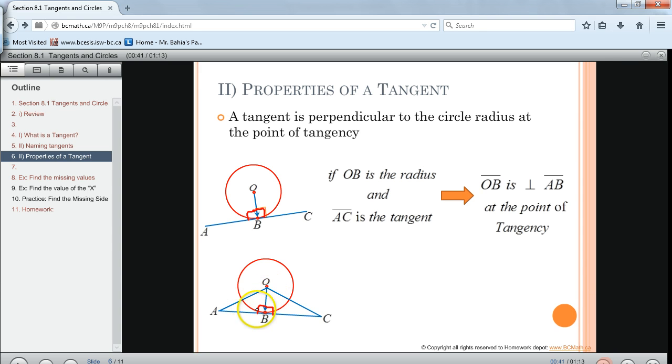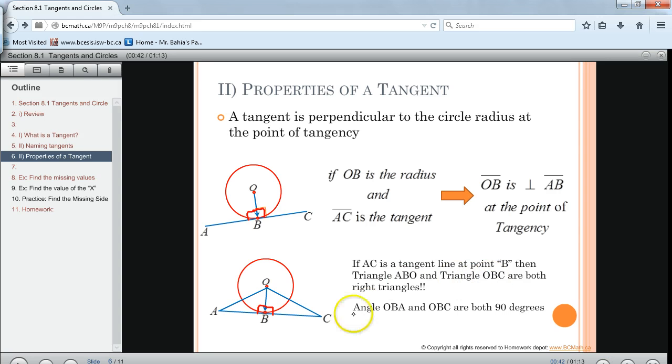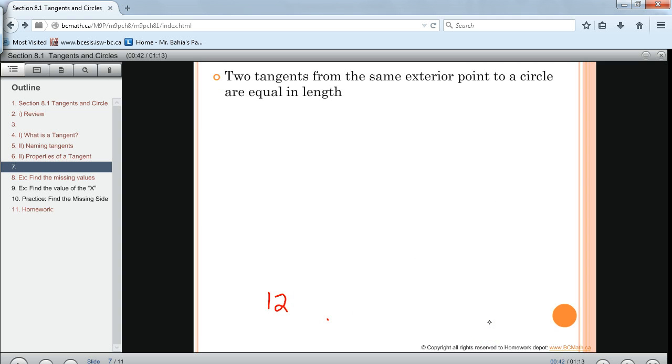So then triangles from there would be right angle triangles. You can see why Pythagoras might come in handy then. That's why we did that little introduction at the start. So both triangles are right angles. They both have a 90 degree. Okay, so what's that 12 doing there?